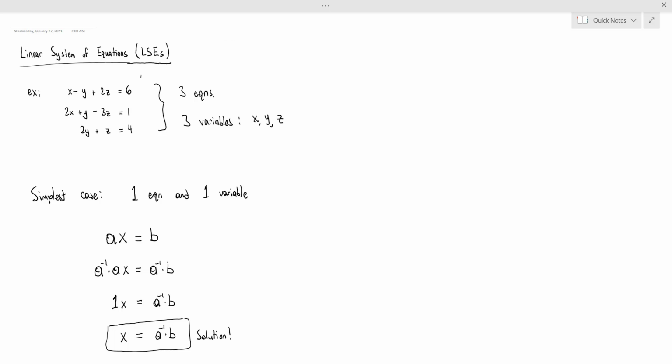So let's take the example that I have up here, and I'm just going to rewrite my linear system of equations. I'm going to take the coefficients of x, which were 1, 2, and 0. I'm going to take the coefficients of y, which are negative 1, 1, 2. And then the coefficients of z, which are 2, negative 3, and 1.